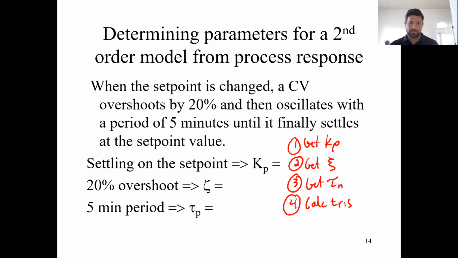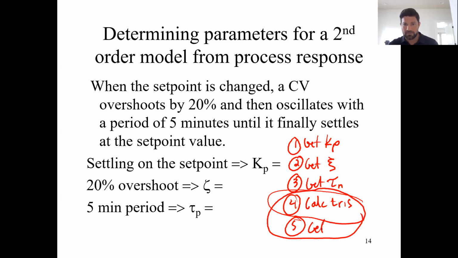If the process has a dead time, which we haven't talked about yet, we can go ahead and get that. Actually, we don't really need this part right here, but I'm putting it on here because it's general. So this is going to be our term for the dead time.